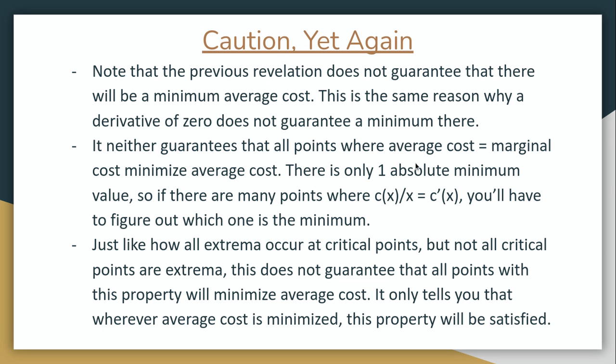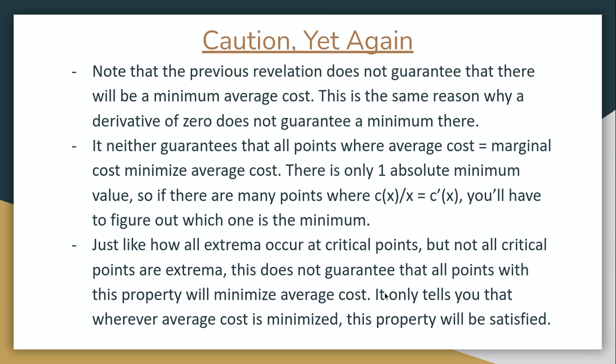Also, there's only one absolute minimum value. So you could have many points where average cost equals marginal cost, but only one of them is going to be the absolute minimum. So just be careful. Just like how extrema only occur at critical points, but not all critical points are extrema. We've emphasized that point to death. This does not guarantee that all points with this property will minimize cost, for the same reason.